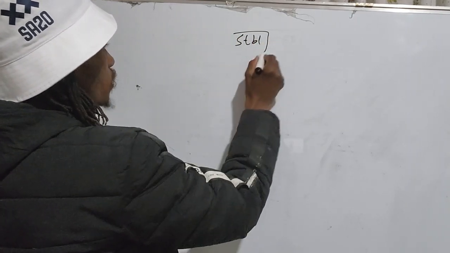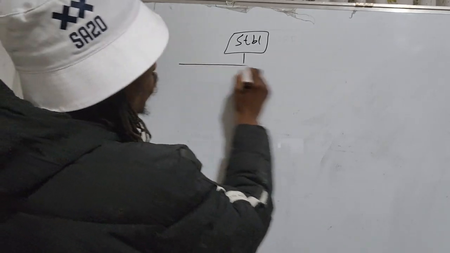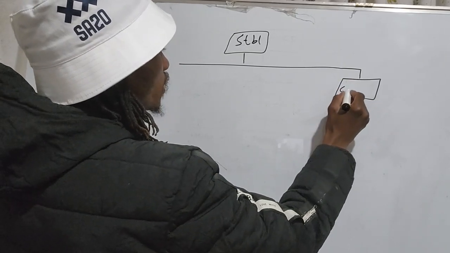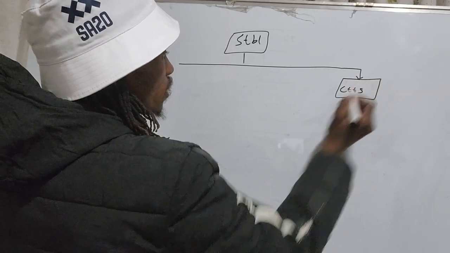It's called STBL. So STBL has a set of objects inside it, and one of those objects is CTTS, composition time offset.